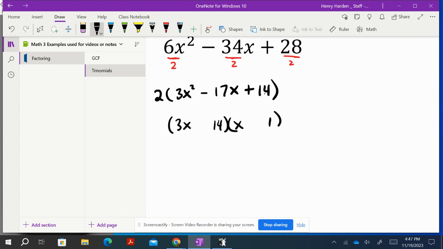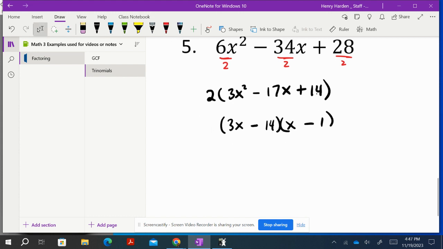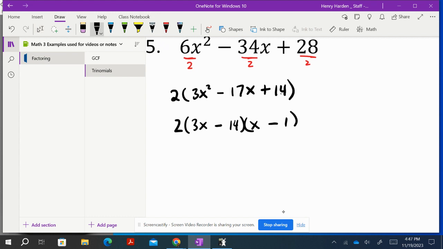And so then when I look at the signs, I need to add up to negative 17. So that means both of these are going to have to be negative, because I get negative 14 minus 3, which is negative 17. So that is the factor form. And so then because I have a GCF, the GCF will just sit out in front, which means our final solution will just be that. Okay, see ya.